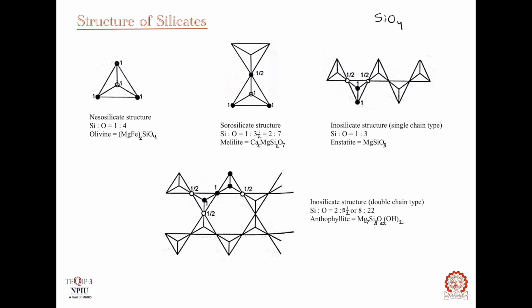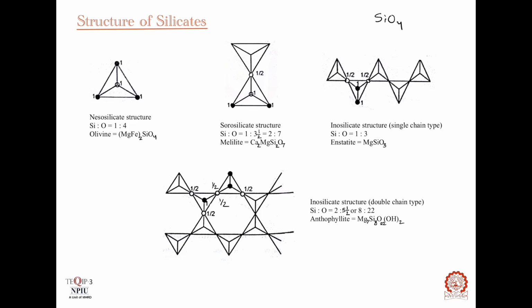The structures associated with silicate minerals are nesosilicates, sorosilicates, inosilicates, cyclosilicates, phyllosilicates, and tectosilicates. So firstly look at nesosilicate structure. In this group of minerals, silicate tetrahedra occur as independent units in mineral structure.